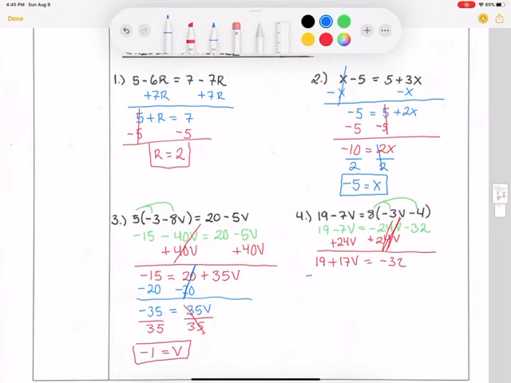Now to get v by itself, I'm going to move 19 and then 17. To move 19, I need to subtract it from both sides. These will cancel. So I will have 17v equals negative 32 minus 19. So I know for sure my number is going to be negative. Okay. And then 32 and 19 make 51.